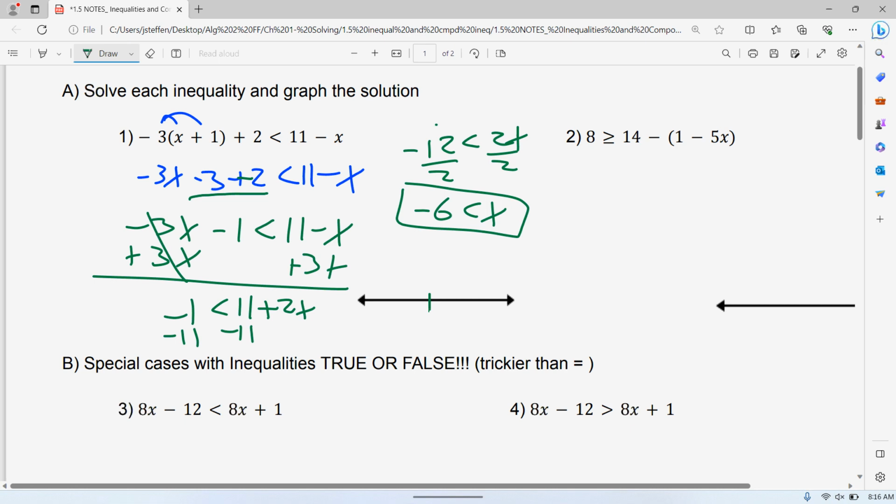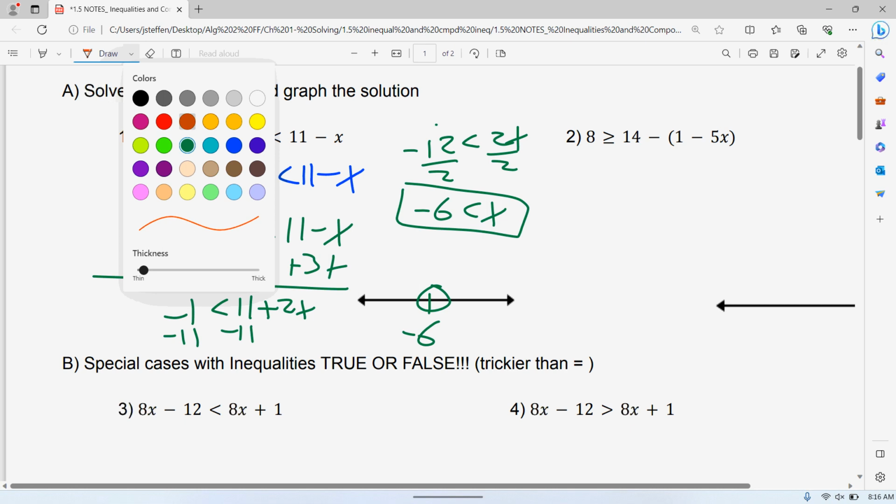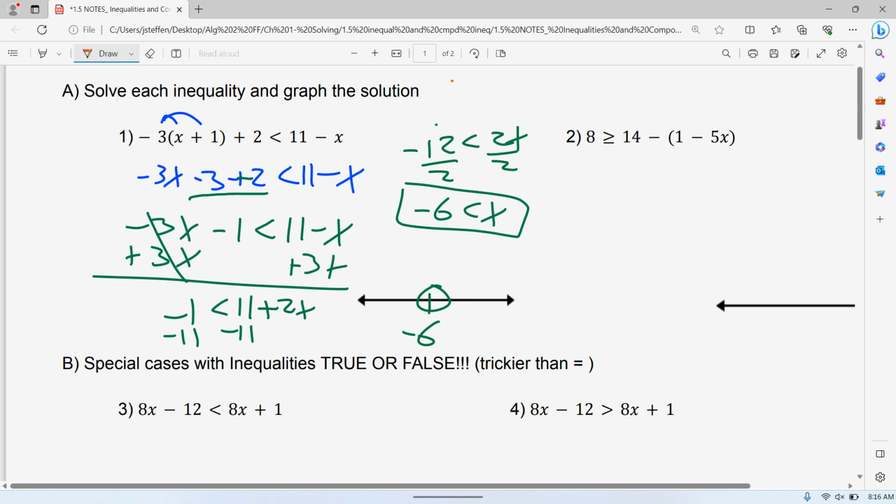Then to graph this, I have a -6. It's an open circle. Now again, like this, obviously that's fine. Some of you guys, I would recommend rewriting it the other way. Just make sure you remember, this is saying that -6 is smaller than x. I think a lot of students try to remember that they flip it and then have to flip the side, and I think it's way easier to think of it this way: if -6 is smaller than x, that means x has to be bigger than -6.